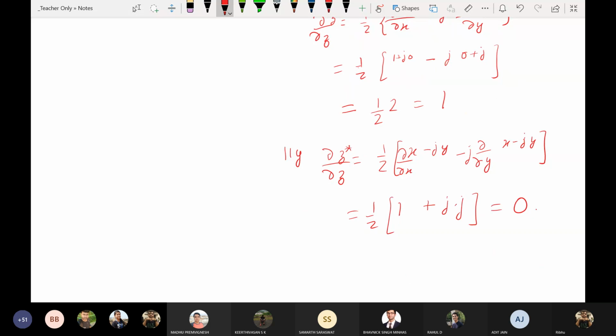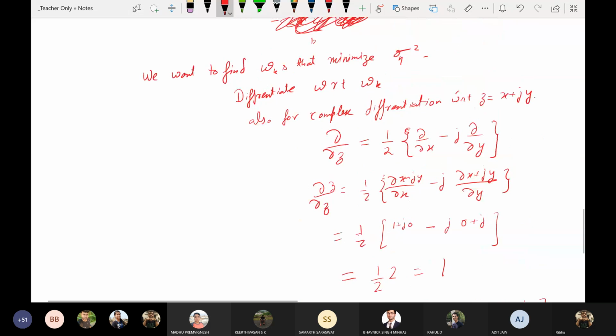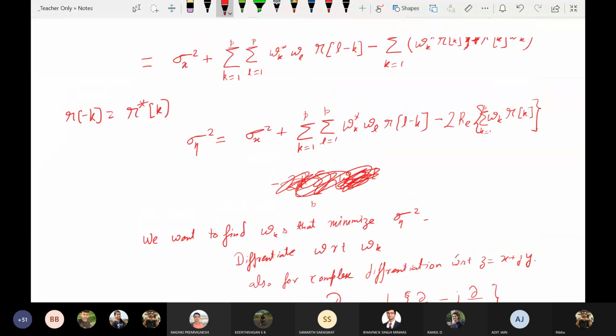So this is fine now. The fun part is that if I differentiate with respect to wk conjugate, wk will disappear, and if I differentiate with respect to wk, wk conjugate will disappear. We agree on that?